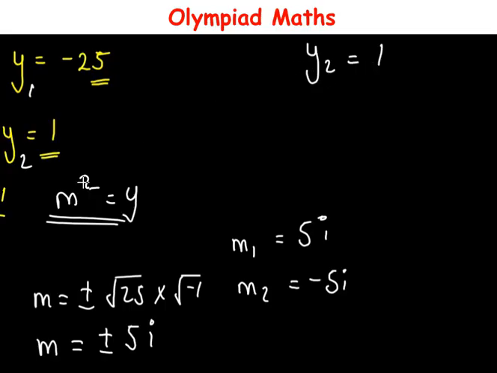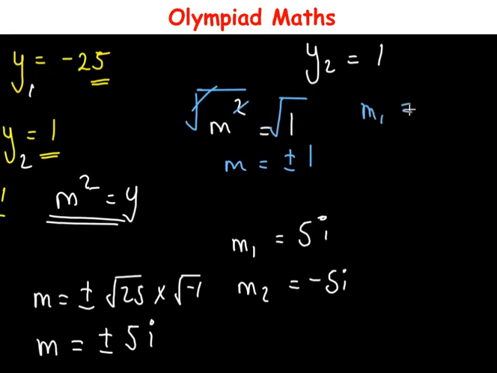Let us solve for the value of m, making use of this equation. So we have m squared is equal to y, which is 1. To then solve for m, simply square root this equation, square cancels square root, m is equal to plus or minus root 1, which is 1. So with this, we have two solutions of m. m1 is equal to plus 1, m2 is equal to minus 1.